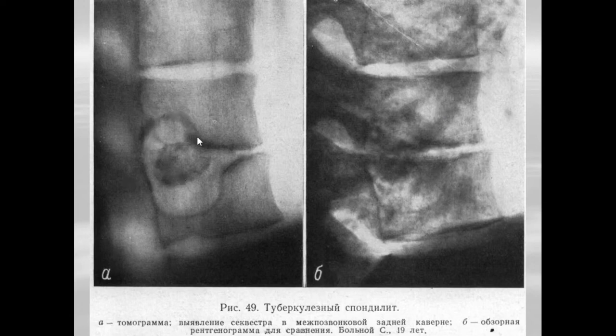It's X-ray tomography, and you determine damage to both bodies of the vertebrae. A tumor does not damage only one vertebra at a time, but two or more. In tuberculosis, you look, both vertebrae are damaged.